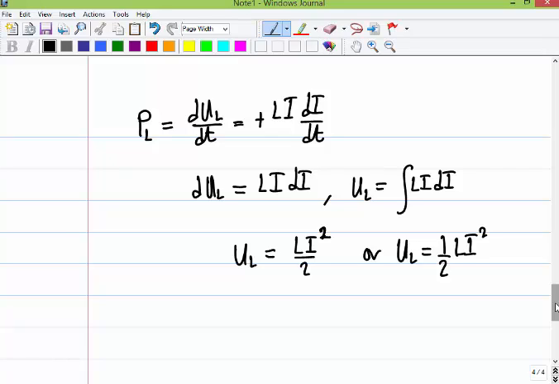Let's look at what it would be for a solenoid. So suppose we want the energy stored in a solenoid.